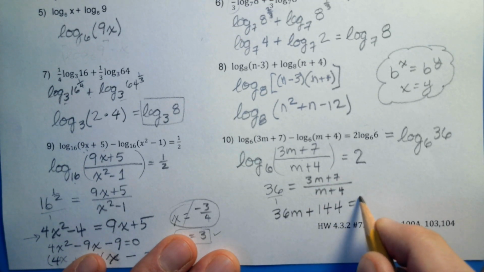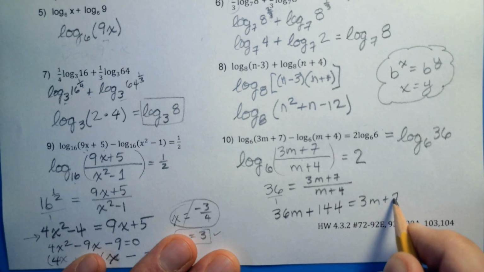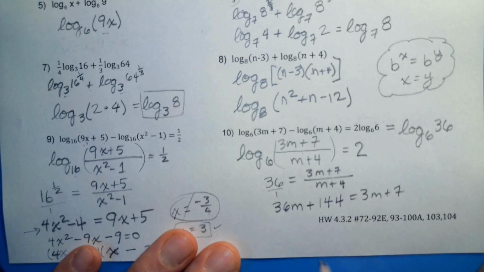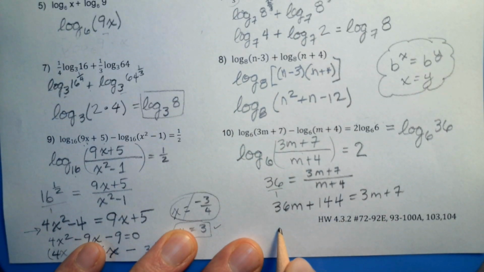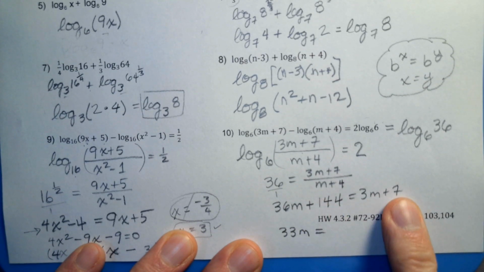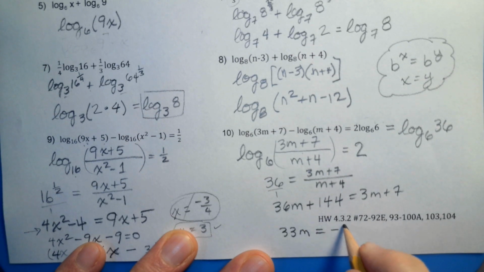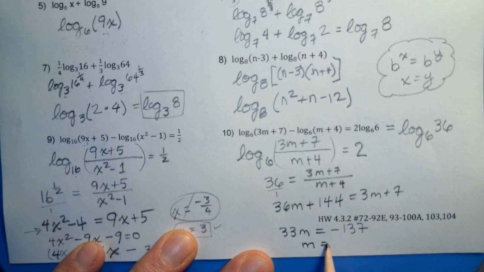And that's equal to 3m plus 7. Let's move the 3m over. We get, running out of space here, 33m equals, and let's move the negative 144 over. That gives us negative 137. And so m would be equal to negative 137 over 33.